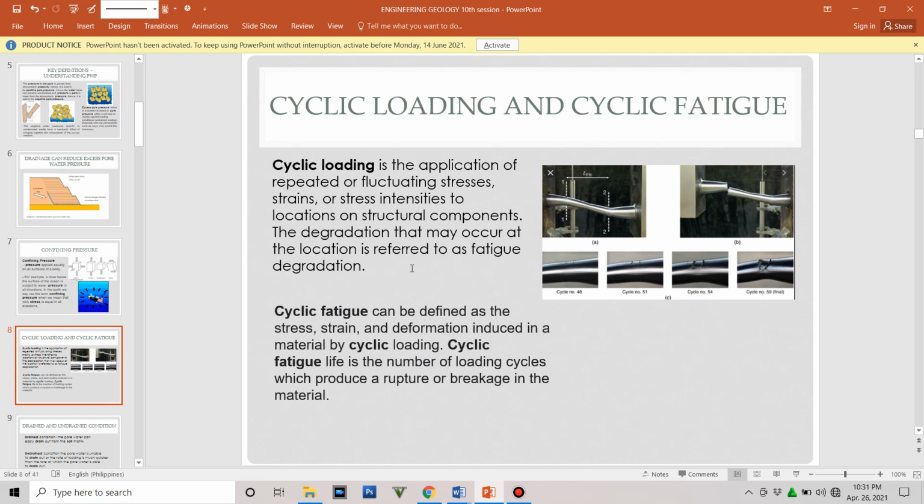And that is because of the cyclic fatigue. So it can be defined as the stress, strain, and deformation induced in a material by cyclic loading. Okay, so that is a cyclic fatigue, as you can see in the picture.